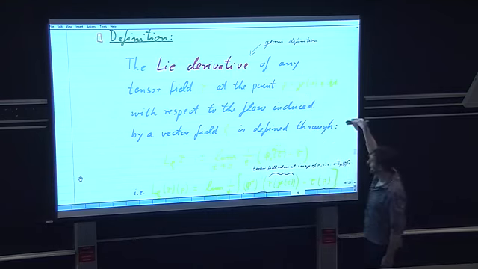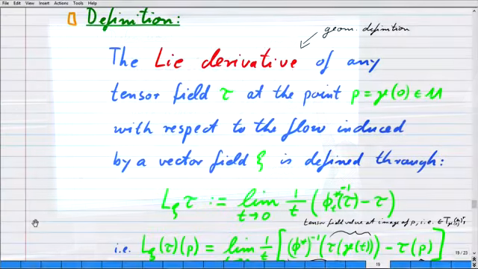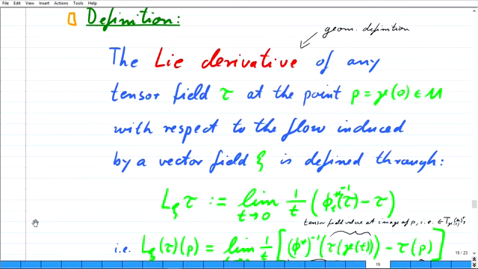And the integral curve for its argument value equals 0, at time equals 0, so to speak, will be at the point P. Then the Lie derivative of an arbitrary tensor field tau at that point, with respect to the flow induced by the vector field psi, of which gamma is an integral curve, is defined in this way.